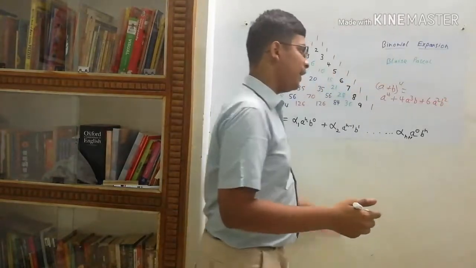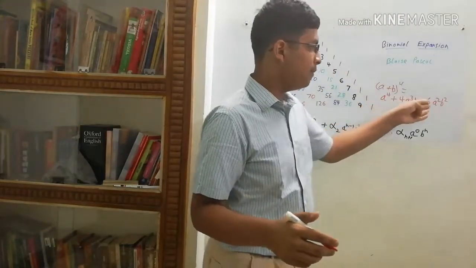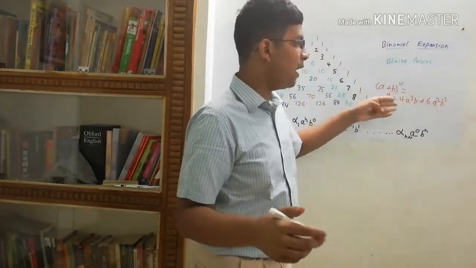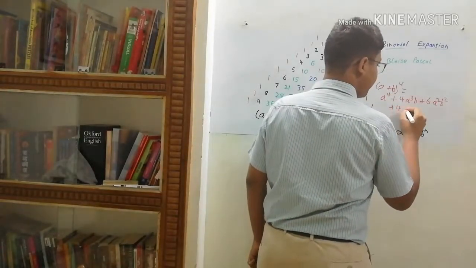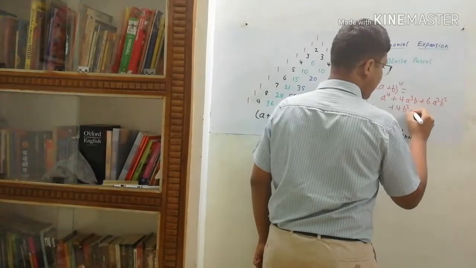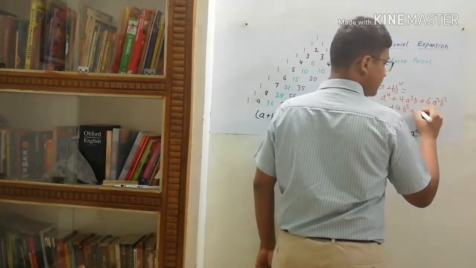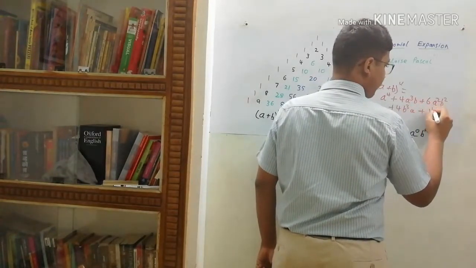I have increased the power of B and decreased the power of A, plus 4 B cube A plus B to the power 4.